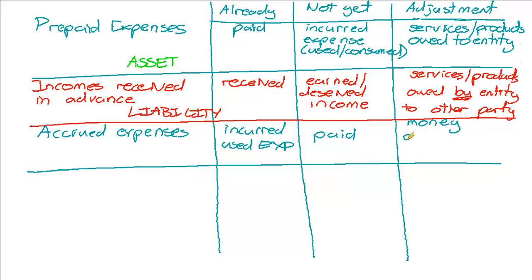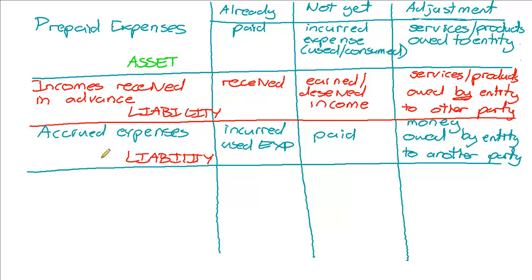Money is owed by the entity to another party. Okay. And if we owe something, we know that that is going to be a liability. There we go. So this account will be credited.